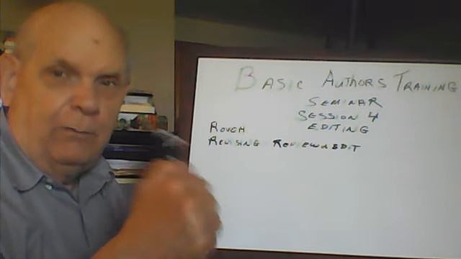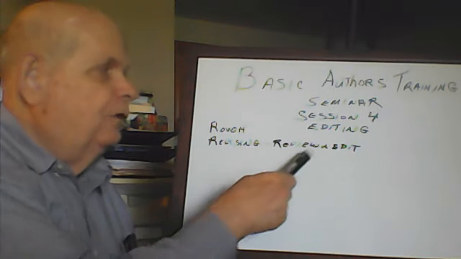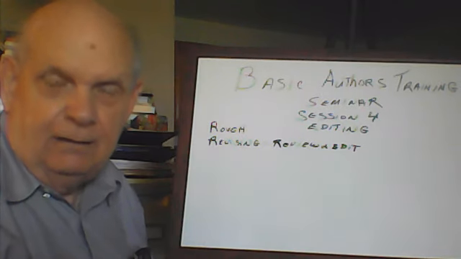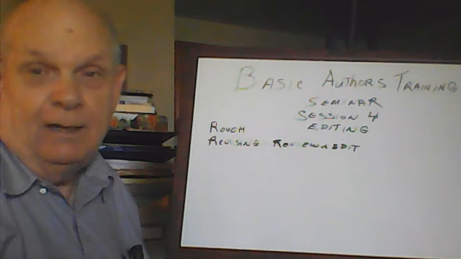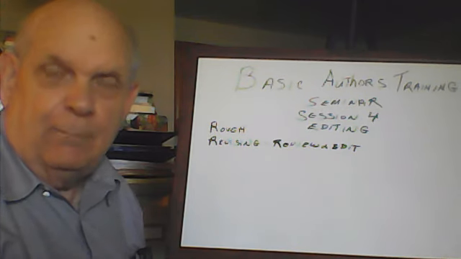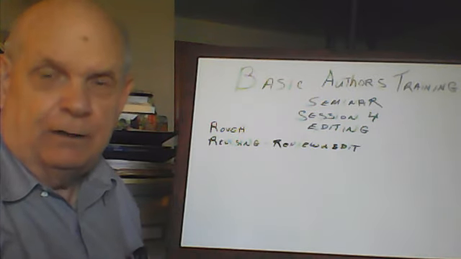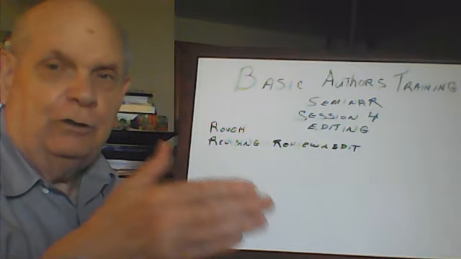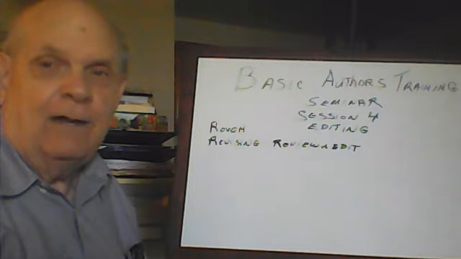Now, if they are correct that you're using the wrong grammar or something, you might want to revise that scene, that sentence, whatever it happens to be, even the entire chapter, for that matter. Revising is a very important part of your writing experience. So at least I would suggest that each chapter you do it at least that one time. And if you can have other times, that's fine.